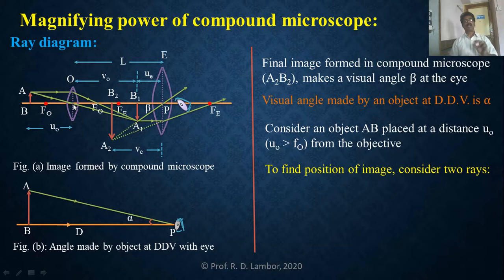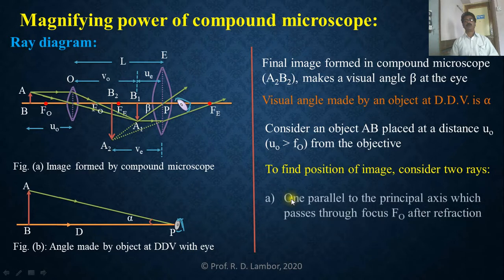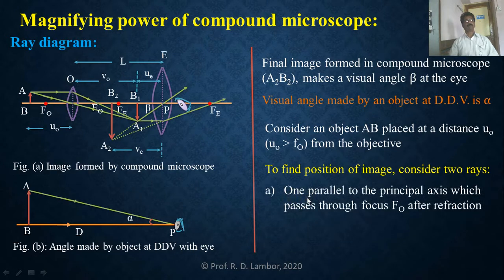So both the rays after passing through the objective undergo refraction. How do they undergo refraction? Here, one incident ray parallel to the principal axis passes through focus FO after refraction. So you can see here, this one is the first incident ray parallel to the principal axis. After refraction, it passes through focus FO of the objective.